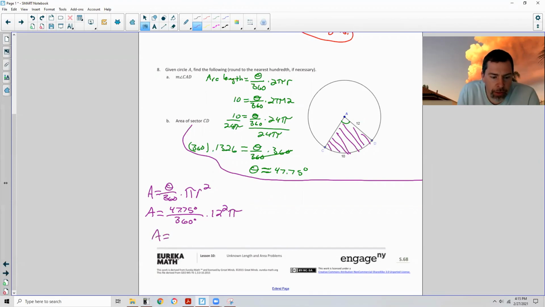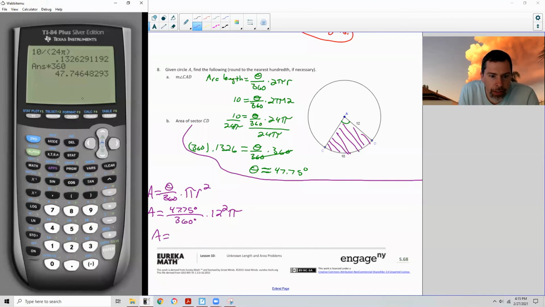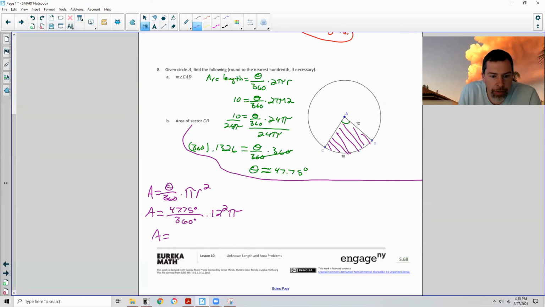So the area is going to equal this angle divided by 360 times 144 pi. And that gives me 60. So the area equals 60 units squared. Alrighty.